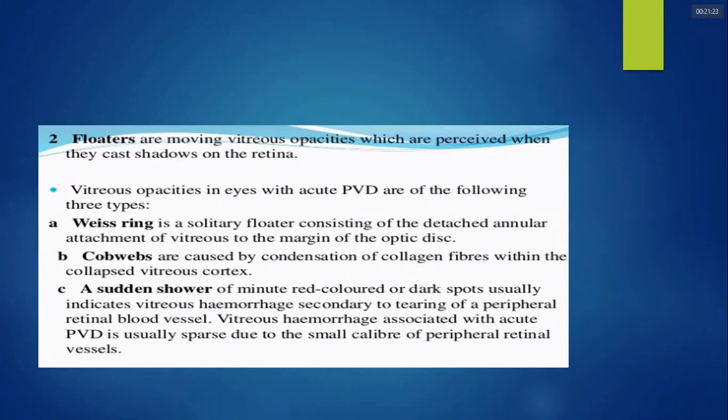They are also attached to the blood vessels, so when there is traction, the tearing occurs, resulting in a hemorrhage. So vitreous hemorrhage can lead to floaters, which can be like black dots or dark spots, and which is the shower type. Vitreous hemorrhage associated with acute PVD is usually sparse due to the small caliber of peripheral retinal vessels.